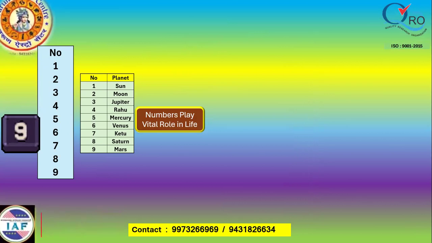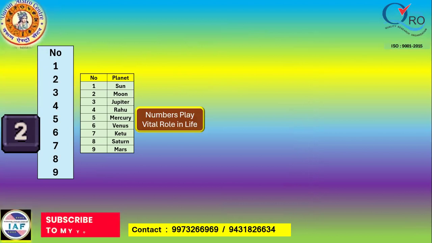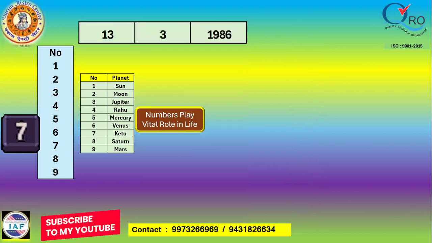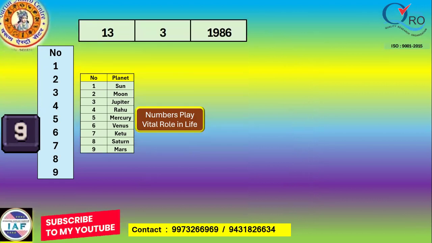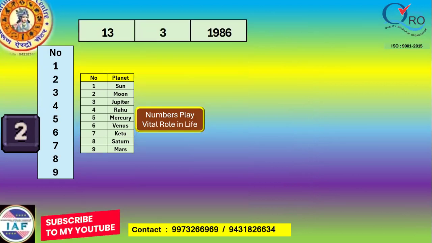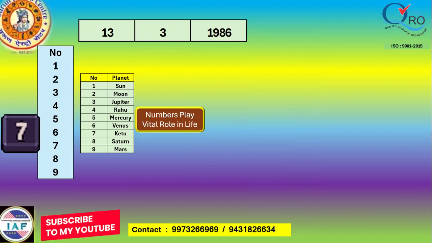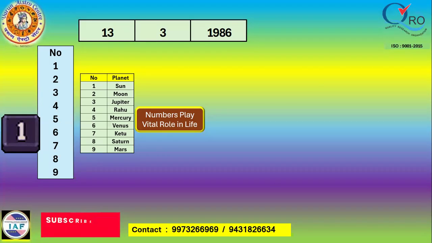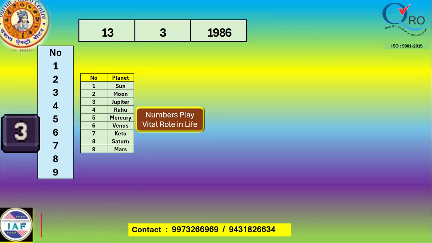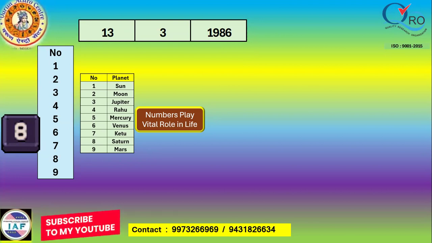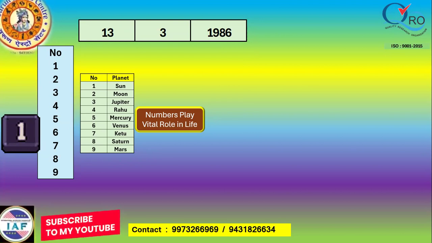I have taken one example here, the date of birth 13th March 1986. 13 is the date number, 3 is the month number, and 1986 is the year.